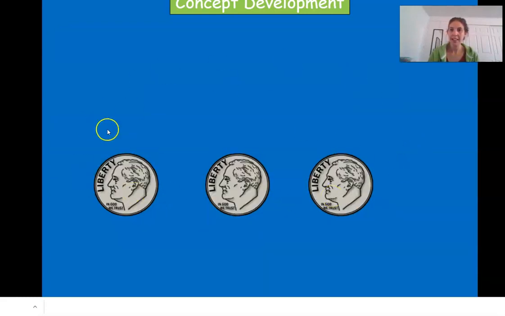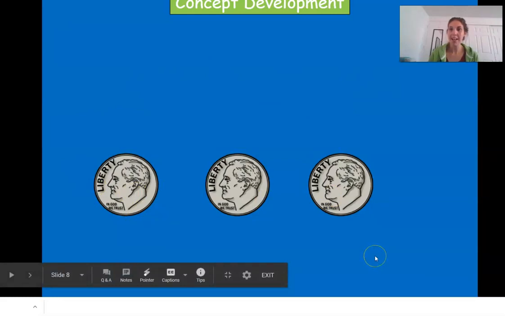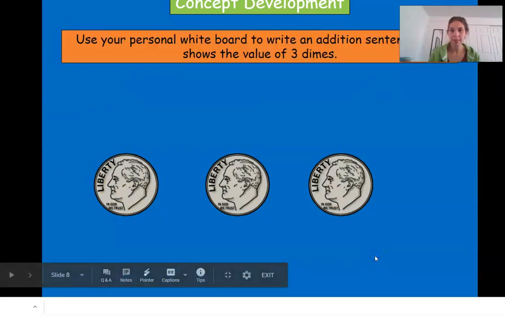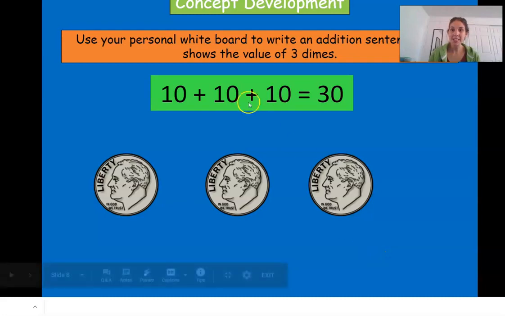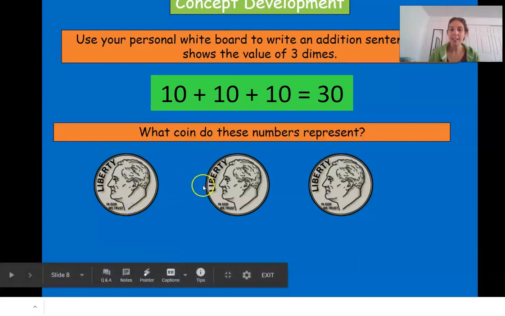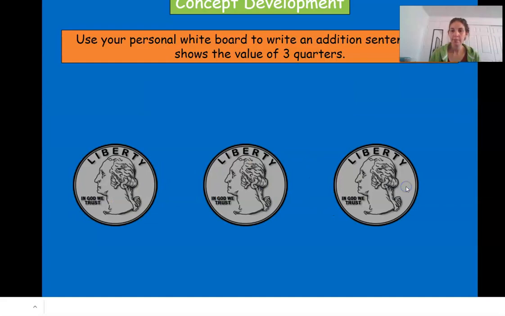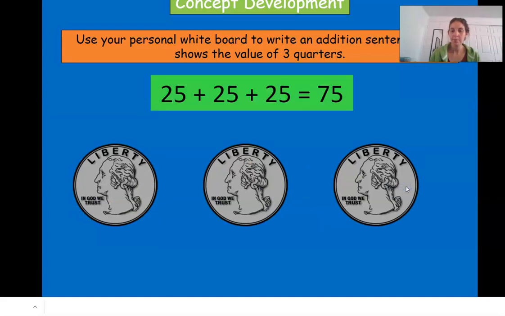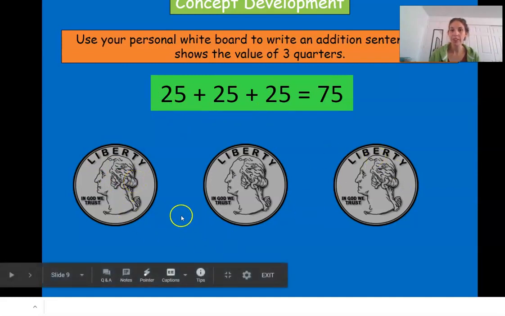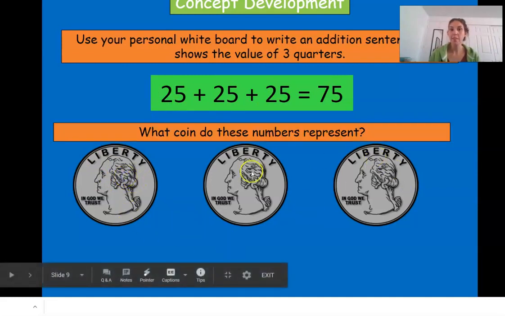Okay, these are dimes. Who remembers how much a dime is worth? 10 cents. So you can count 10, 20, 30. These are worth 25 cents. Who remembers what they're called? Quarter. So there's 25, 50, 75.